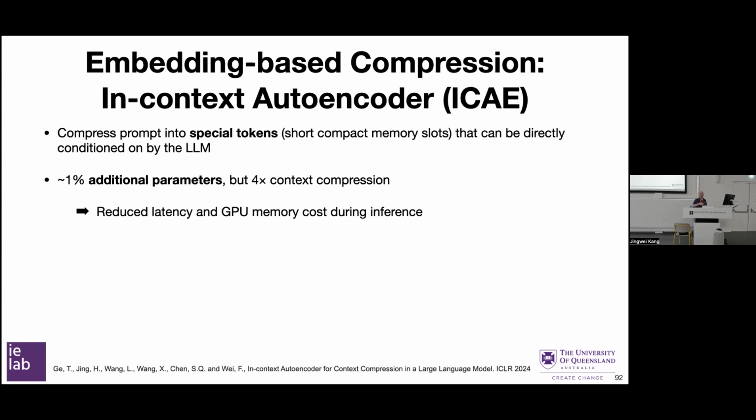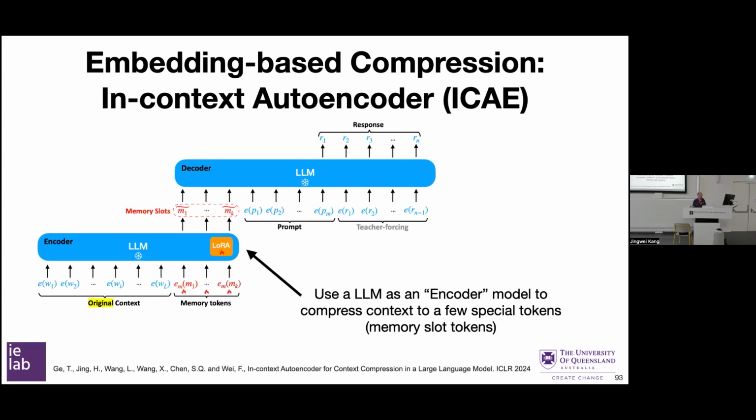We are making the model bigger. But in reality, by introducing just 1% more parameters, we can get a 4x prompt compression. So we can reduce our prompt massively, and that means that ultimately we reduce latency and GPU memory cost at inference.